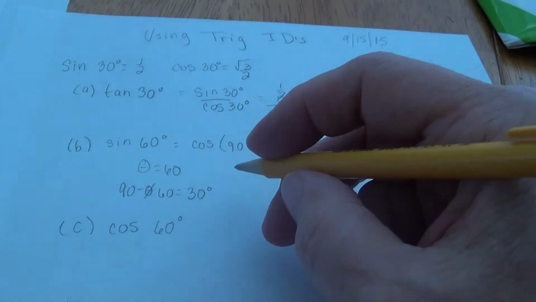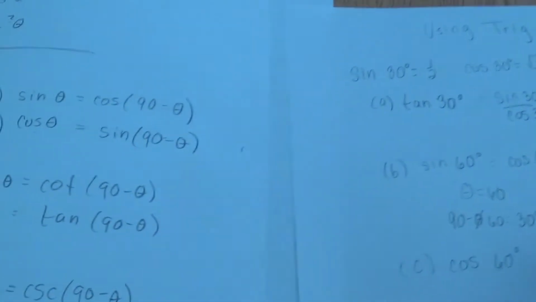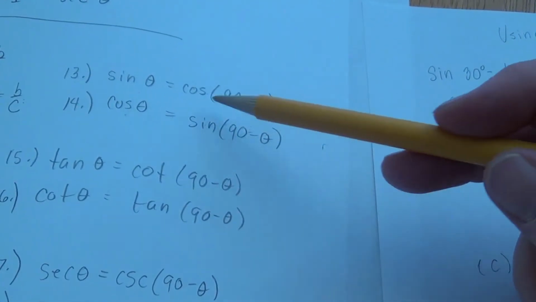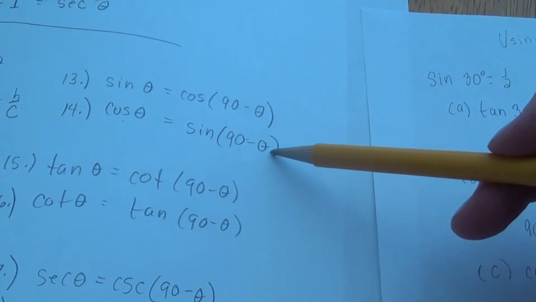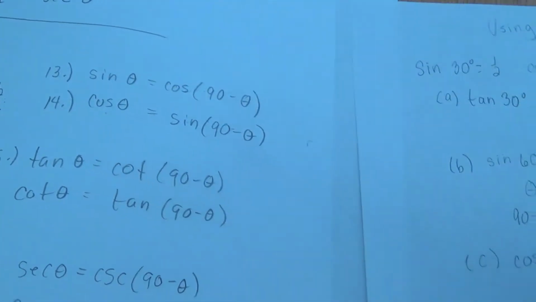All right, let's see how you did. On trig ID number 14, the cosine of theta is the same as the sine of 90 minus theta. Well, in our problem today, on that part C, theta is 60.